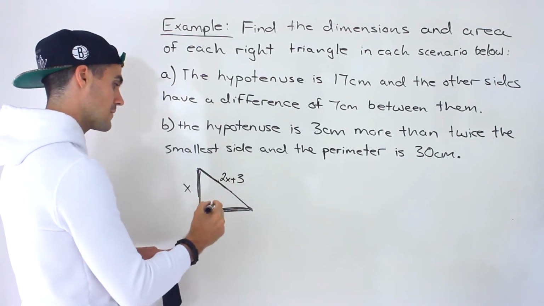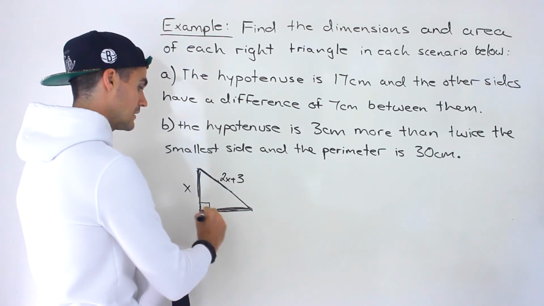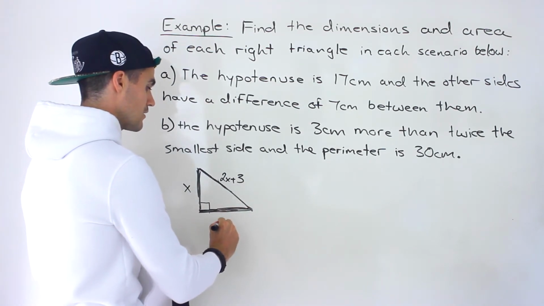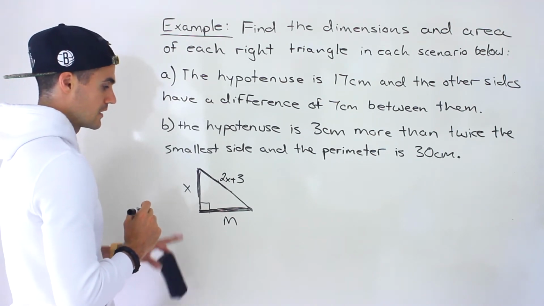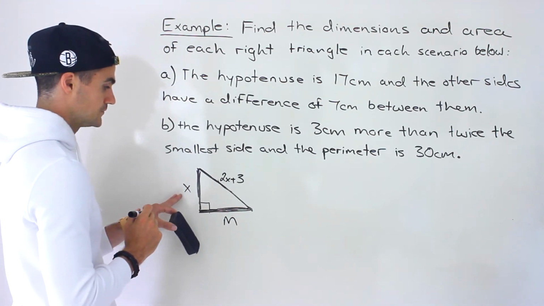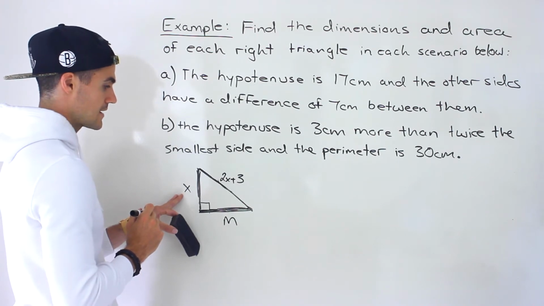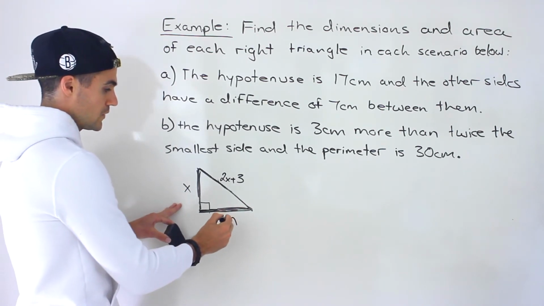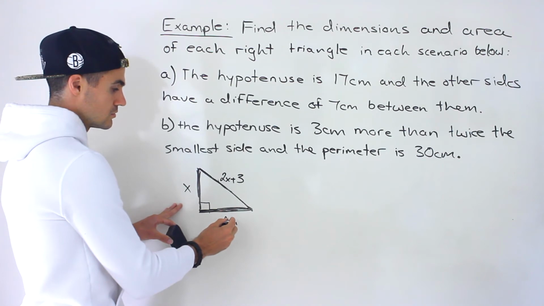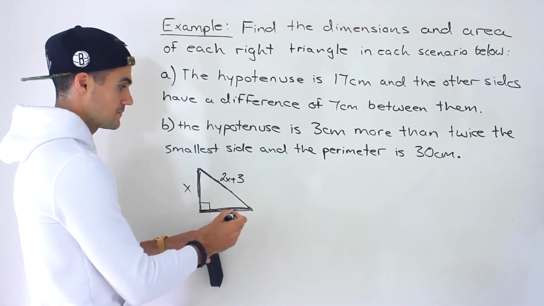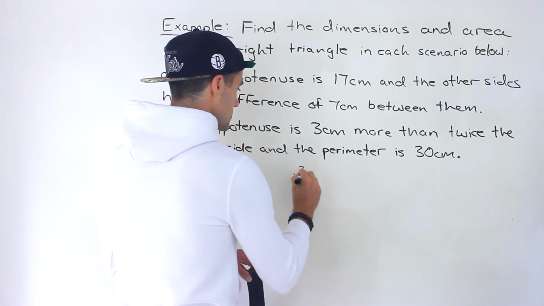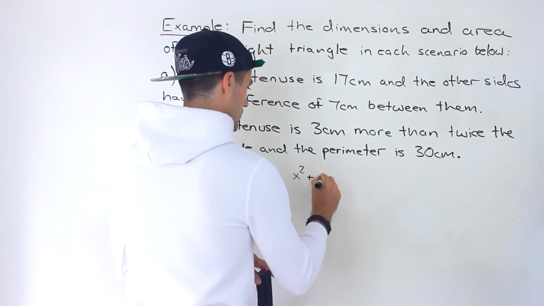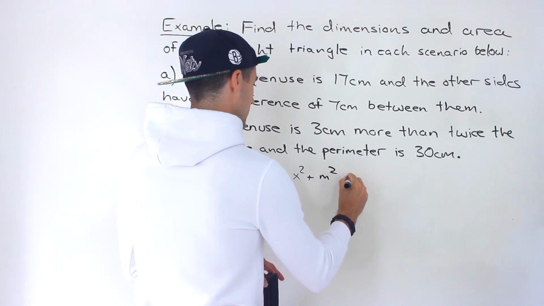So notice we're not really told anything about this other side, but we are told that the perimeter is 30 centimeters, so we can relate the other sides to this one with that perimeter. So what I'm going to do for now is let this other side be another variable. I'm going to let it be m, like that. Now if we set up the Pythagoras theorem, this is what we would end up with.